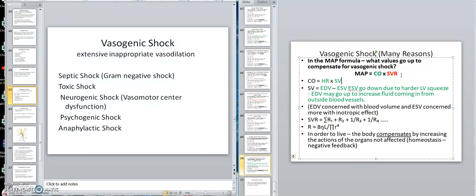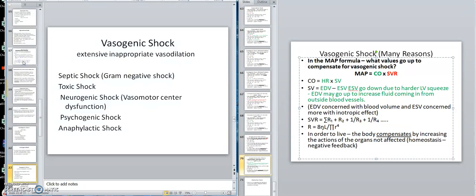But as we said in this scenario with vasogenic shock, even SVR may not go down as much because you have so many factors playing in, and as one factor might go down, the other factor might step up to bat. So vasogenic shock is an interesting situation. Hopefully you kind of see the logic. That's the main thing in this critical thinking, is the logic, trying to put it all together. And as I alluded to, shock puts it all together.